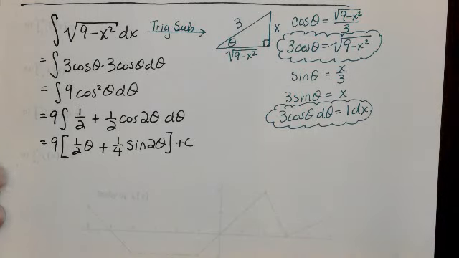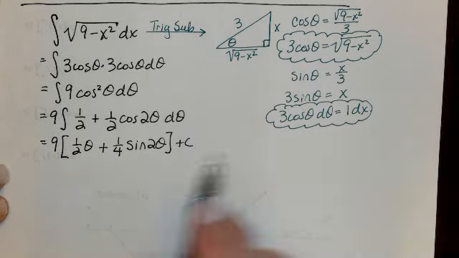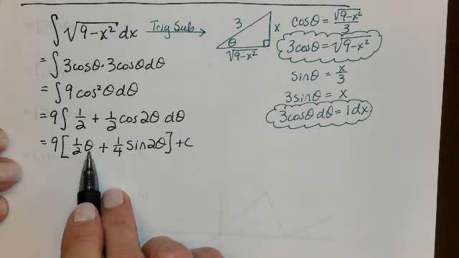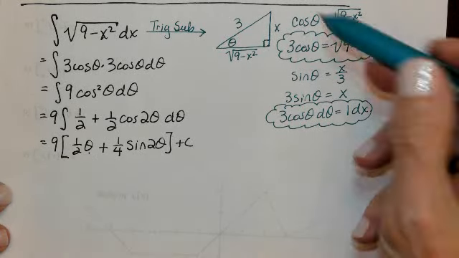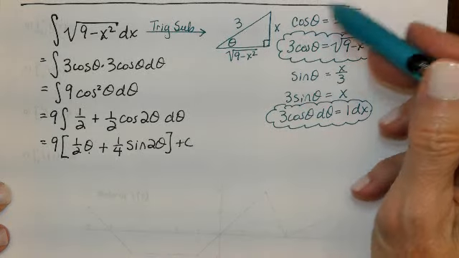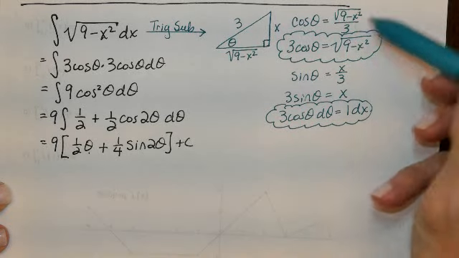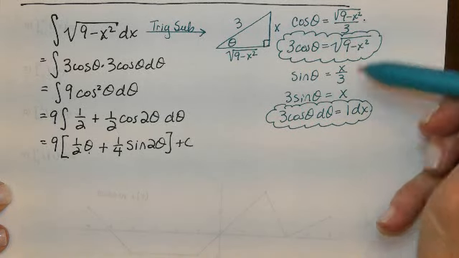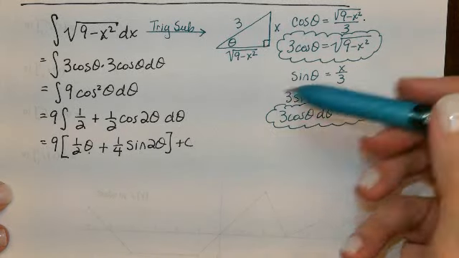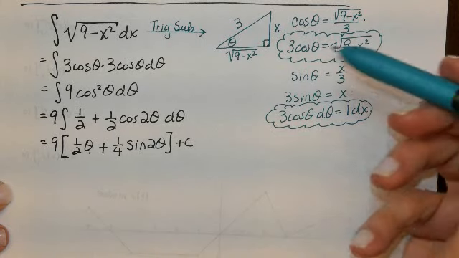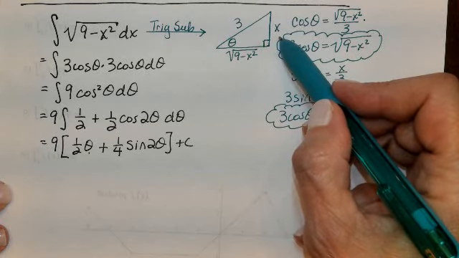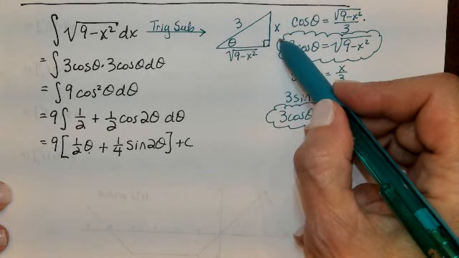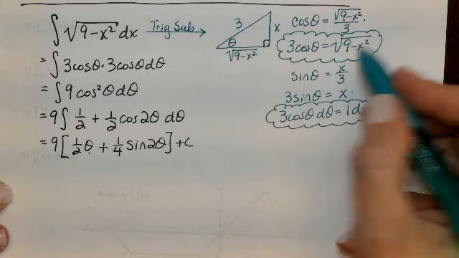Now we have to go back to x's. What can we put just in place of theta? Here's what I do. I come over and look at what I have already. I could use this. I could use tangent, I could use cotangent, I can use anything that involves the x. So these all will involve an x.